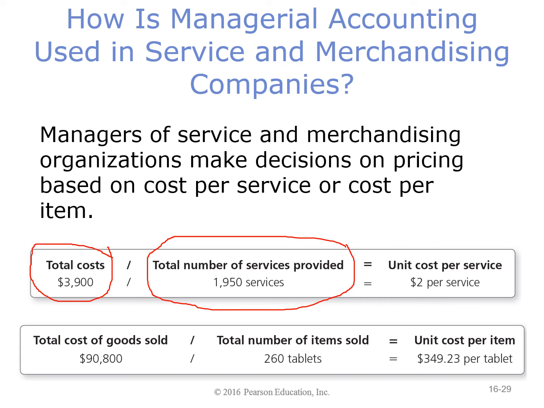We don't have cost of goods manufactured because this is not a manufacturing company. So we get the total cost divided by the total number of services, which is the unit cost per service. In a merchandising company, we divide the total cost of goods sold by the total number of items sold, so we can get the unit cost per item even if we don't have the manufacturing cost.